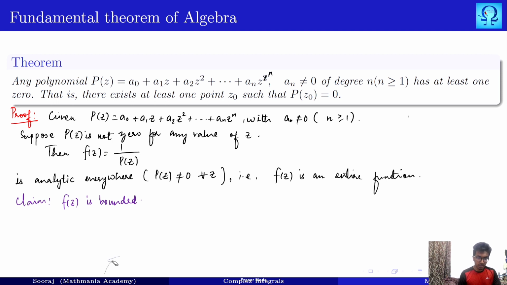So this is what we are actually going to prove, for which let me write p of z in this form.